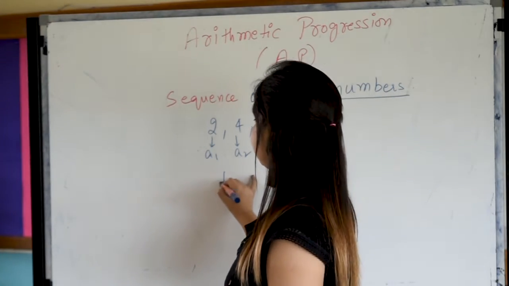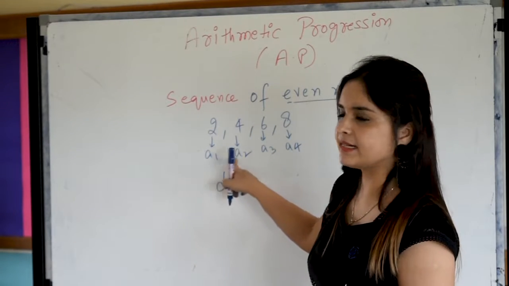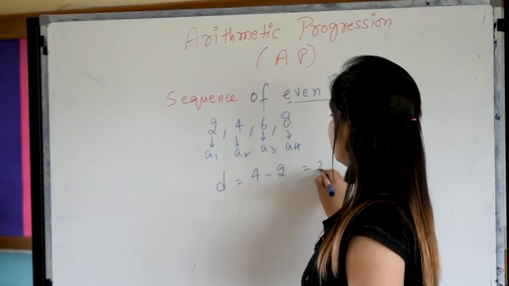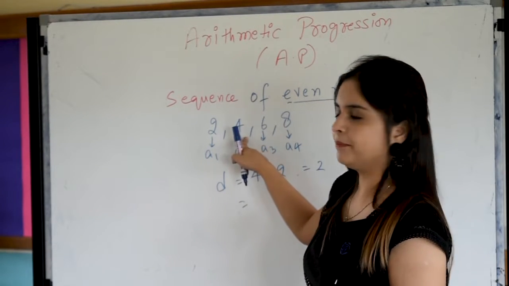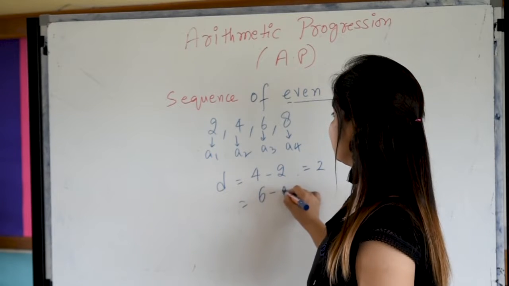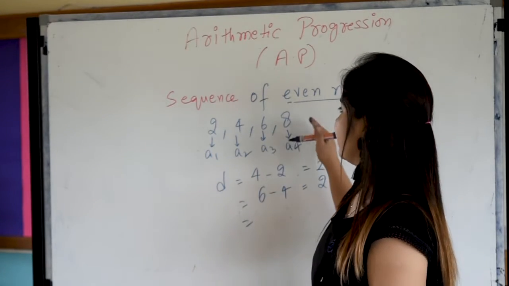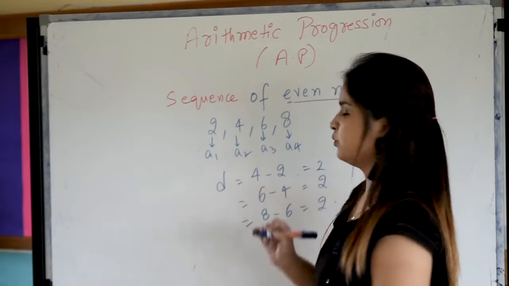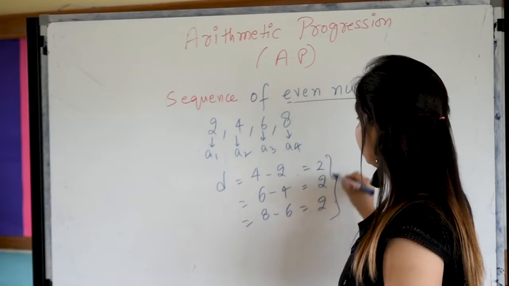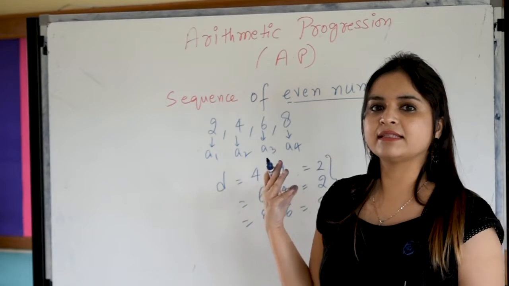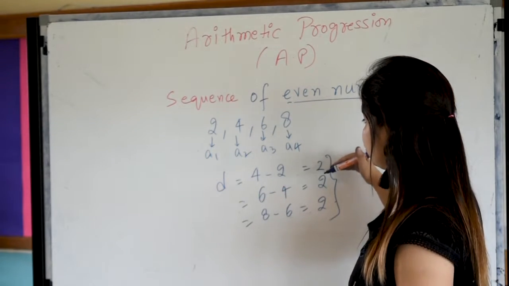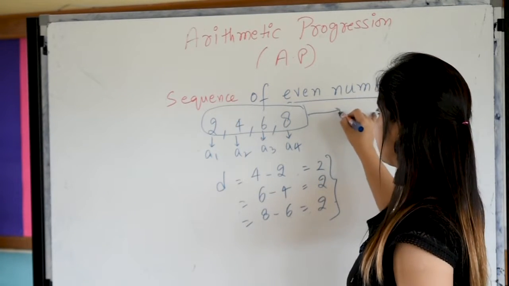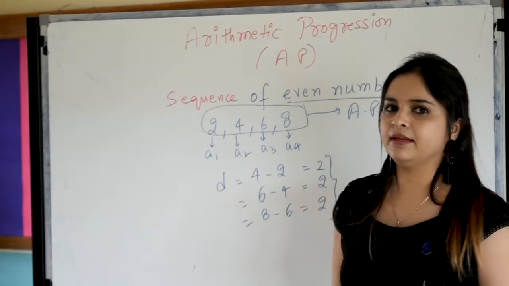Okay? So, what is D? D is second term minus first term. 4 minus 2, which is 2. Or you can say A3 minus A2. 6 minus 4, which is 2. Or A4 minus A3. 8 minus 6, which is 2. Now, if all the 3 answers are same, in this case I get 2, 2 and 2. That means this sequence is an AP. Okay?